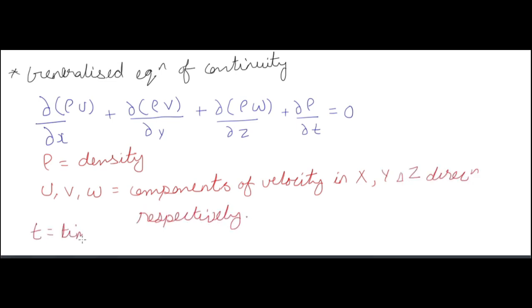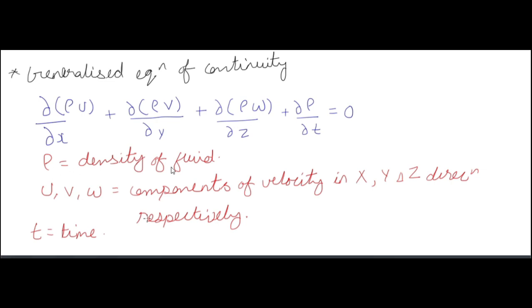Now the generalized equation of continuity is: partial derivative of rho u with respect to x, where u, v, w are the components of velocity in the x, y, z directions respectively, t is the time and rho is the density.